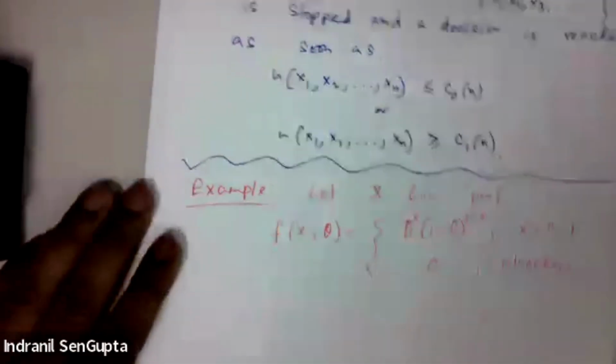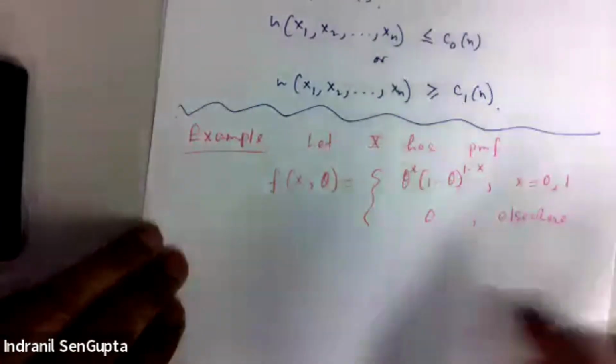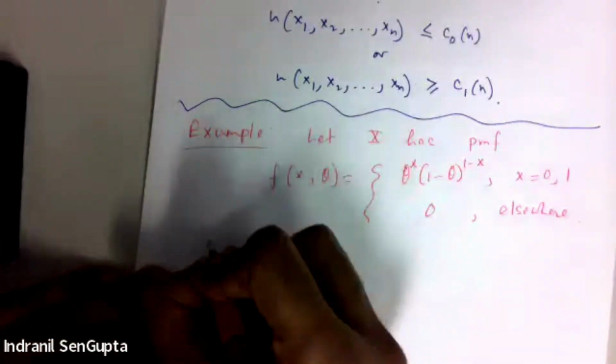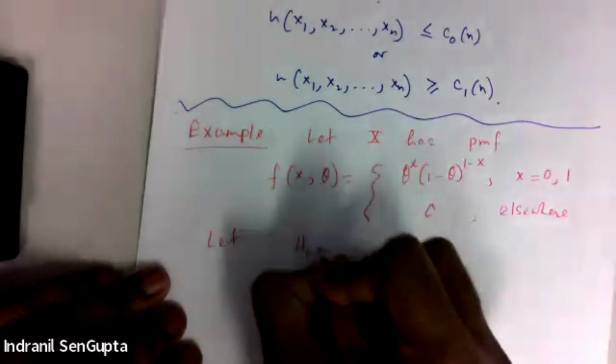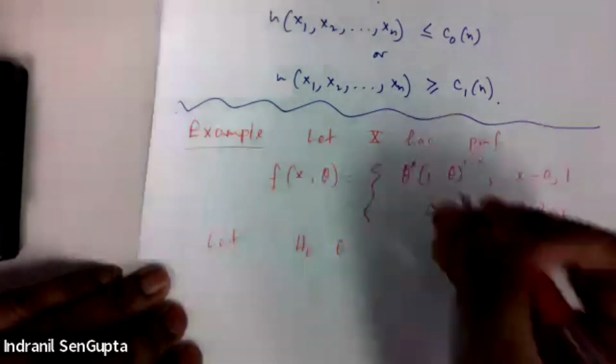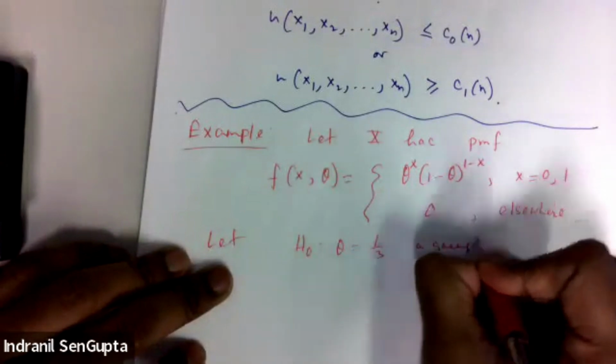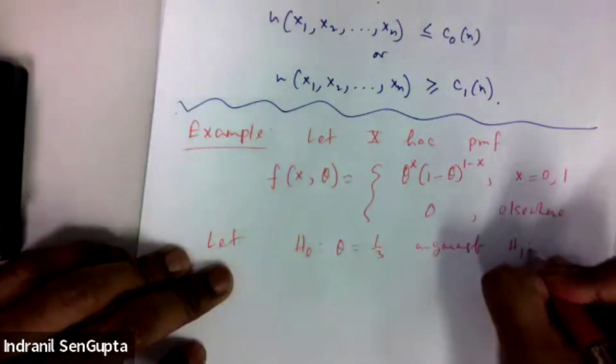Okay. So let us consider h0, which is theta equals to 1/3.